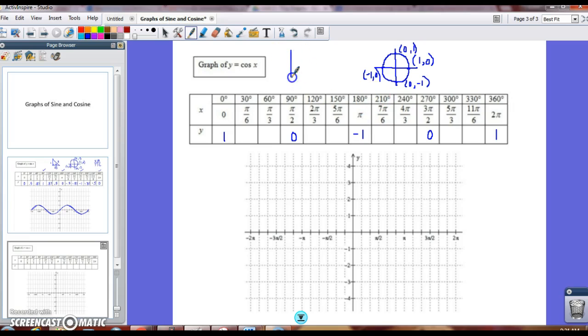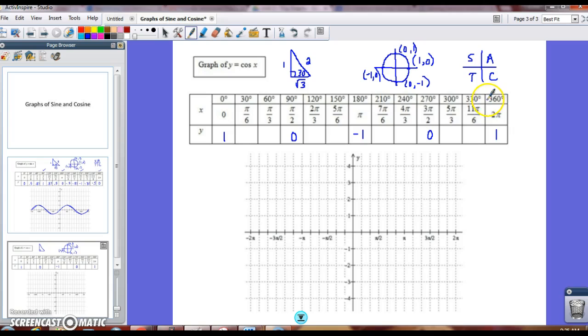Again, we want to make sure that we have our special right triangles. So we have our 30, 60, 90 triangle. And if this is 30 here, then I have 1, 2, and root 3. The other thing we need here is ASTC.